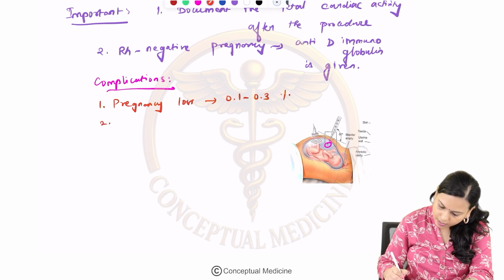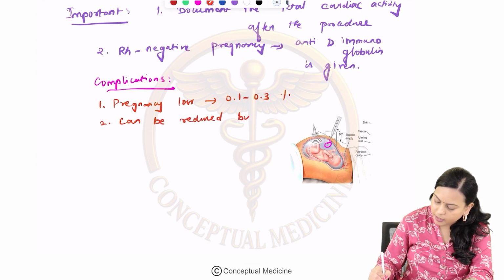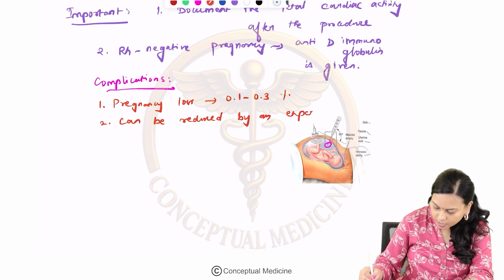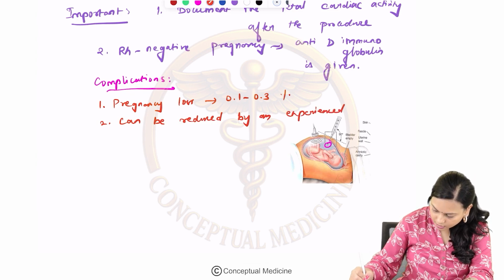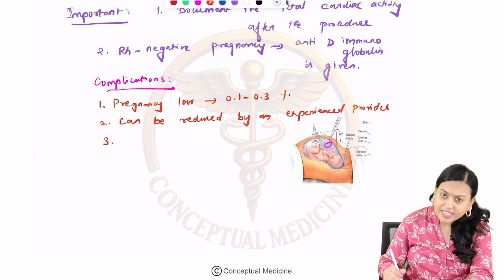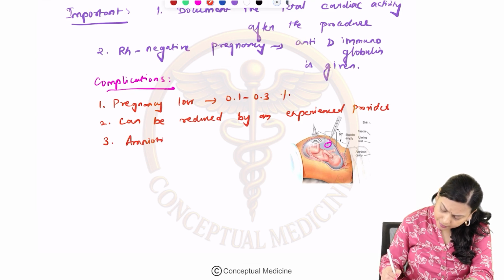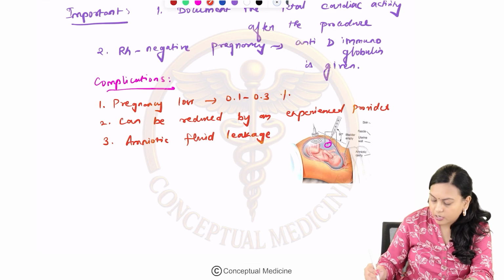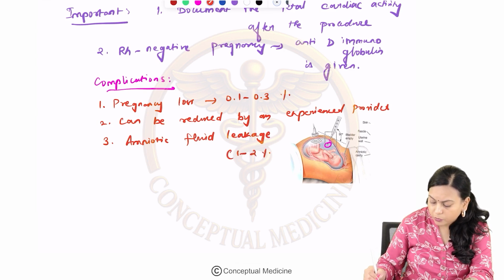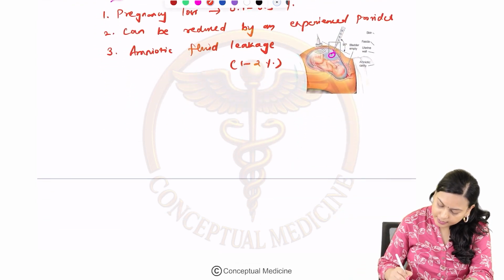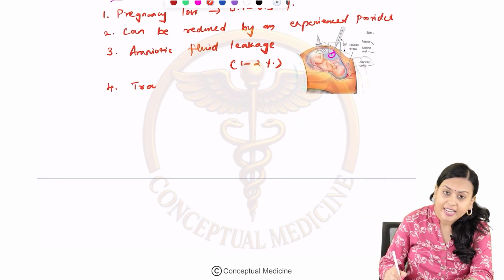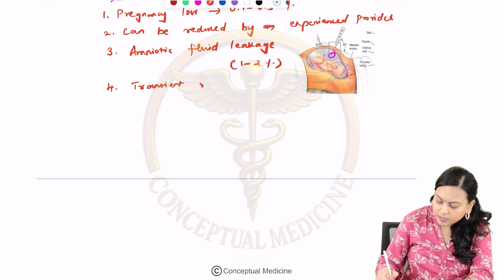Okay, and it can be reduced by an experienced provider of the procedure, and there can be a chance of amniotic fluid leakage, which can occur in 1 to 2% of the cases, and then there can be transient vaginal spotting also.